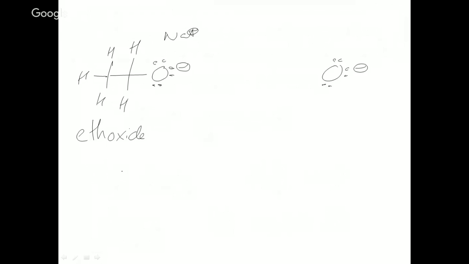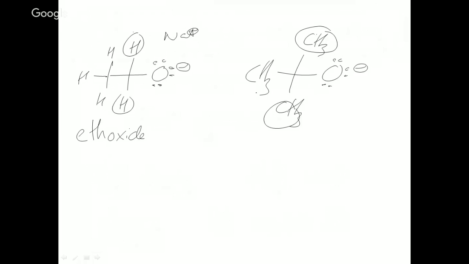That's an ethyl group, so it's called ethoxide. This one, however, let's put two CH3s here instead of two H's. What's bigger, a CH3 or an H? Obviously, this is bigger, and so this becomes a much larger base, and typically we'll see K+.